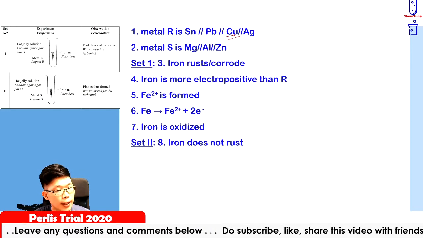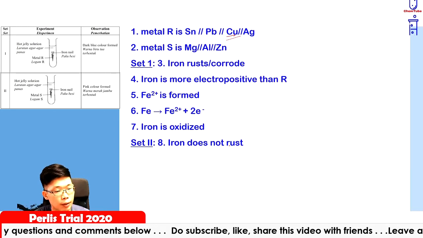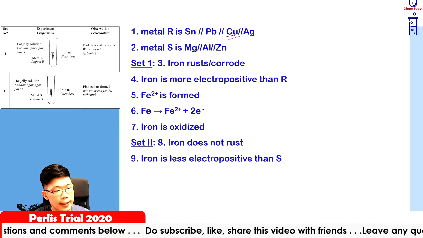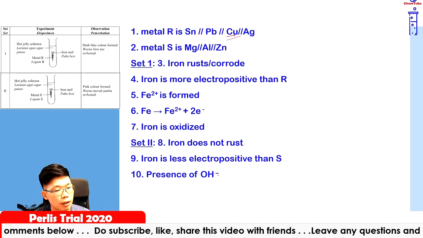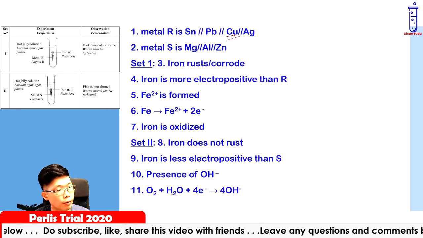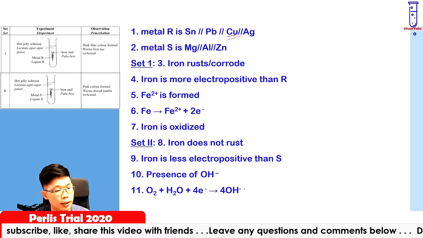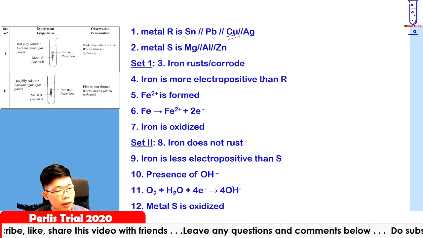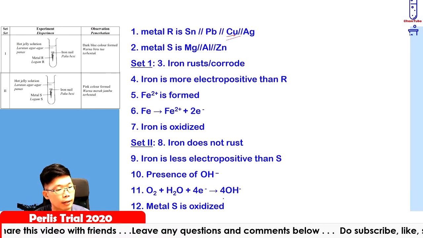In set 2, iron does not rust because no blue color is formed. Iron is less electropositive than S, and hydroxide ions are present, as oxygen with the water gains 4 electrons to form 4 hydroxide ions. So metal S is oxidized, so it protects the iron nail from rusting.